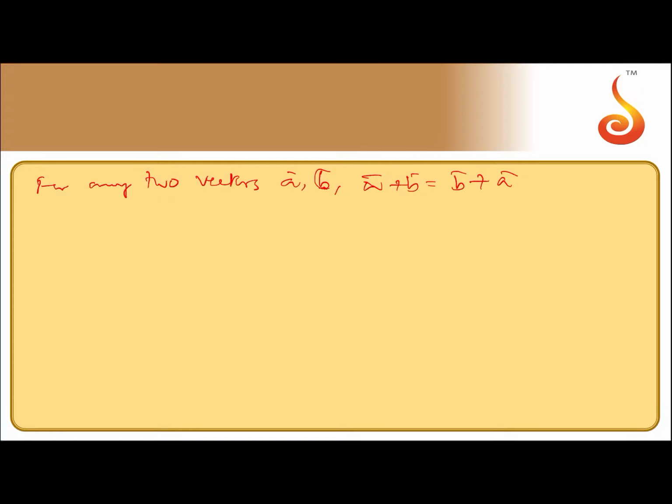I would consider that A bar is one vector along OA. A bar is a vector from A to B and B bar is a vector from B to C. B bar is a vector from B to C. And now I would construct a parallelogram ABCD such that AD and BC are collinear, they are equal vectors, opposite to each other.